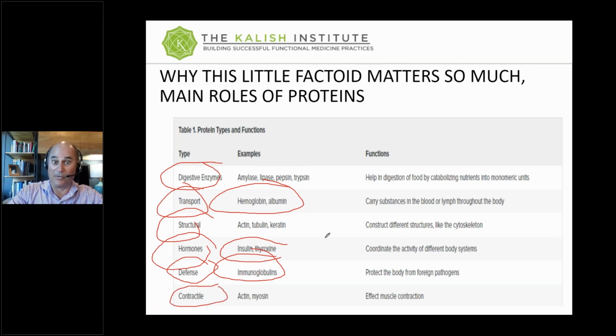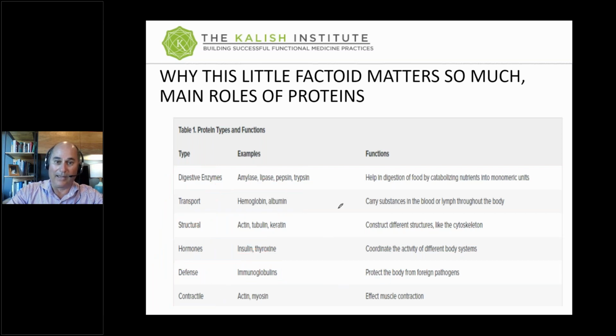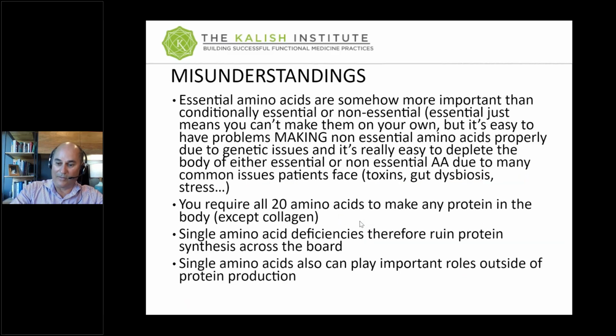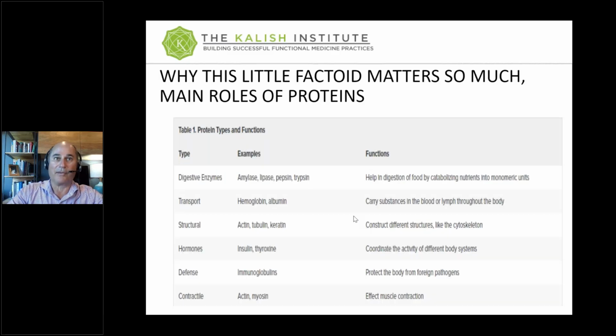Contractile proteins that move us around. So protein synthesis covers huge amounts of the things that our patients are suffering from when you think about it. If you think about patients who don't digest well, who have a lot of structural pain, who have thyroid hormone or insulin-related problems, all this is going to come right back to protein synthesis.